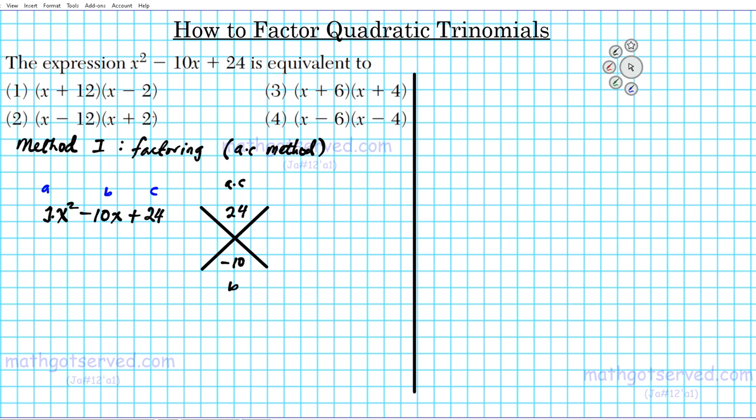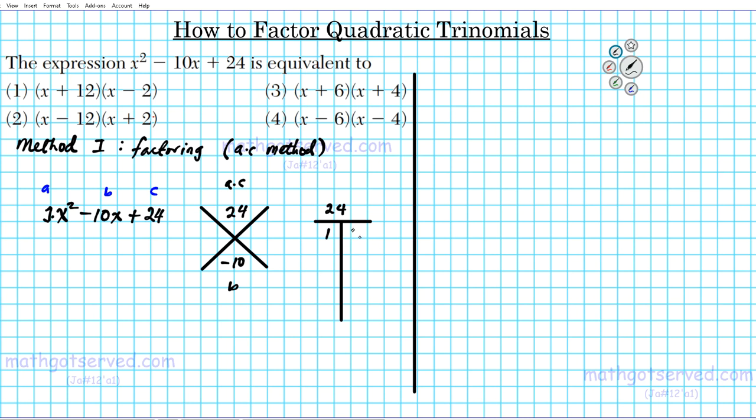To assist us with this, we're going to make our factor tree with a T-chart. Looking at the pairs of integers that multiply to give you 24, and then see which one we can combine to get 10. All right, so what times what gives you 24?